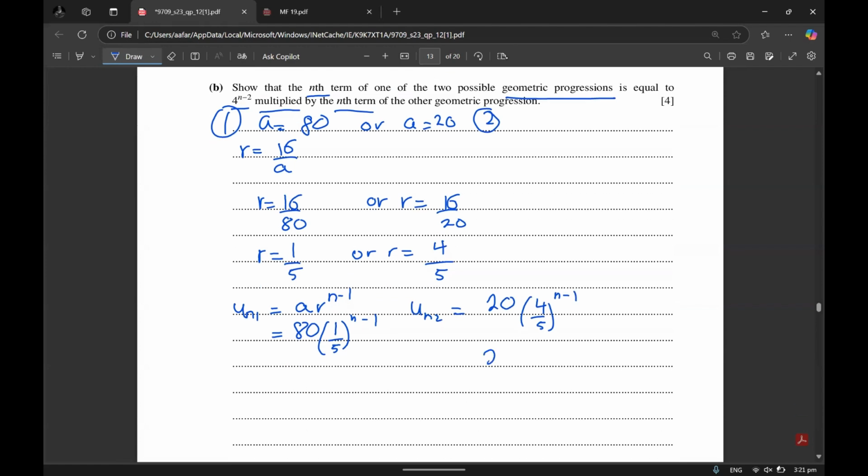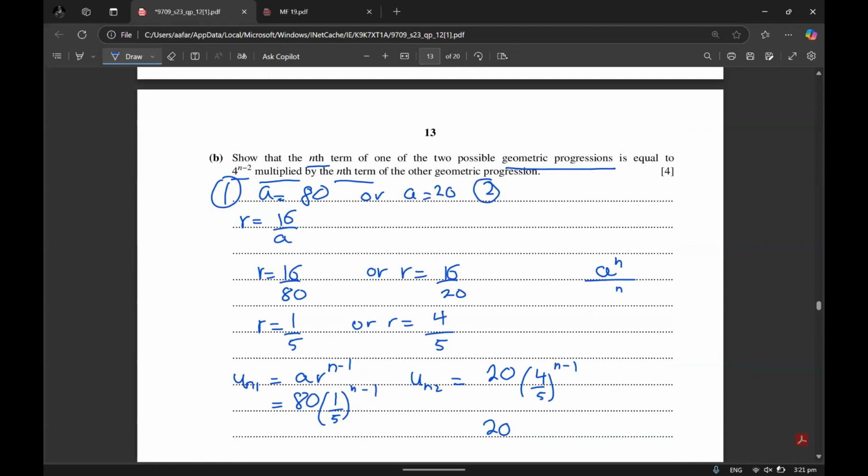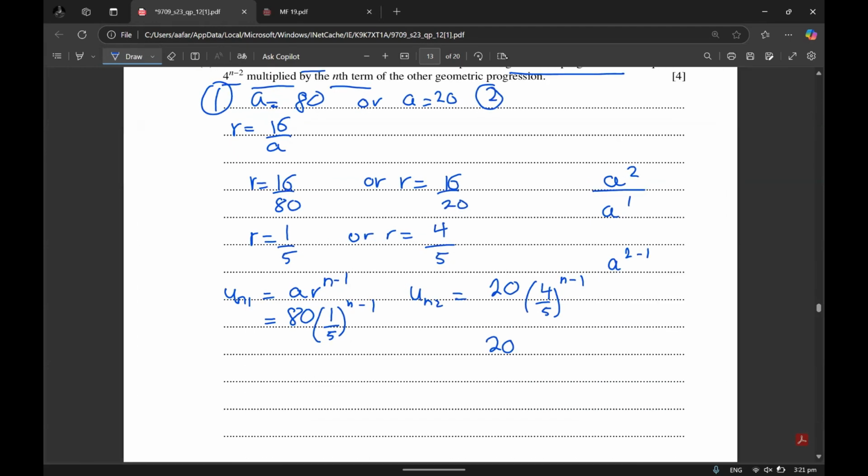And if we expand this, we know that if a power n is divided by b power n, let's say a power 2 or a power 1, so we can say a power 2 minus 1. Basically, if the same term is being divided, then their powers subtract. This is the rule of indices.